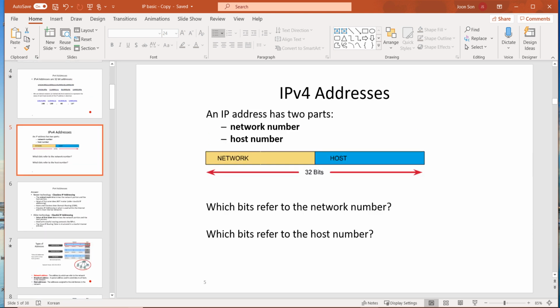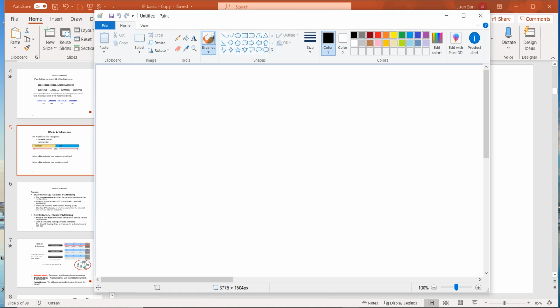Okay? So let's just go back to the previous slide, right? The IP address has two parts, network portion and host number. I'll talk a little more about this later, but the basic concept is this. Let's say this is your IP address, right?